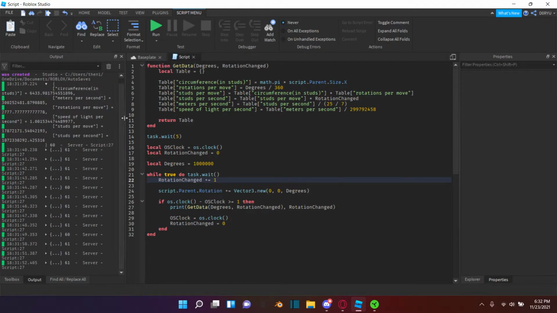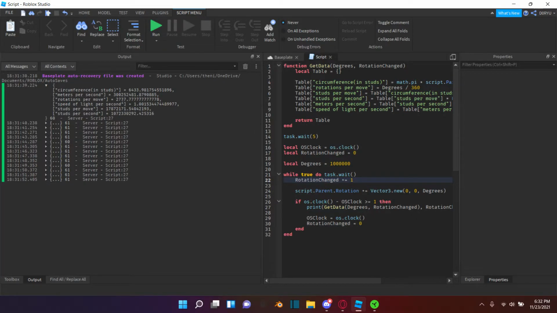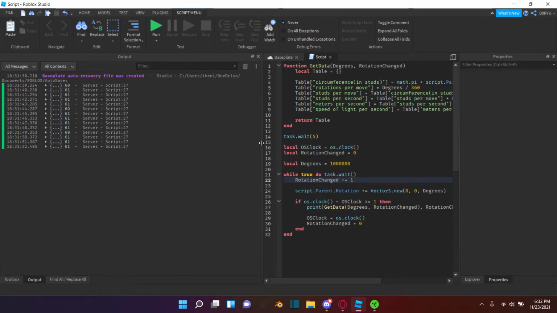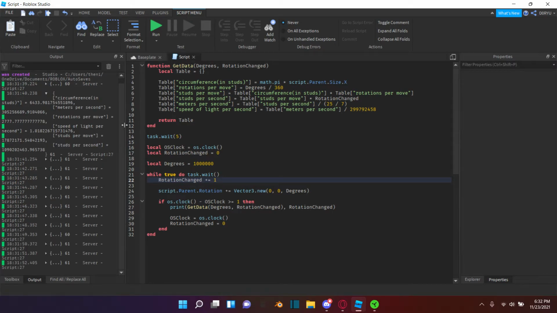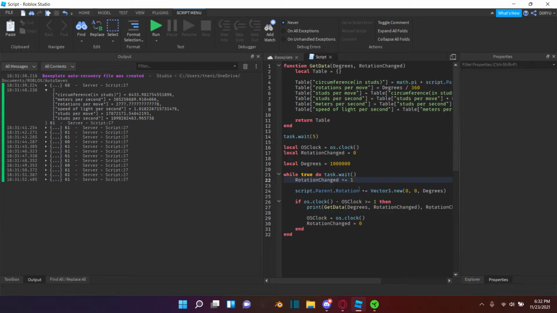So here is the speed, how fast it was going. It's almost at the speed of light. So that's like 1 point blah blah blah times the speed of light. That's how fast it was going. So this is already as fast as the speed of light. And if we look at the 61, it's faster because it ran line 24 another time.